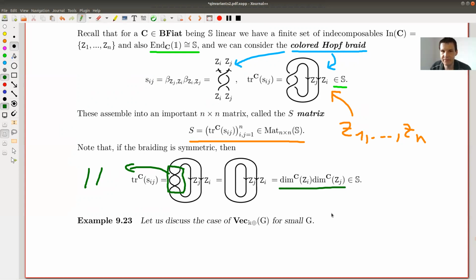This is the extreme case where the braiding is trivial, and this should be a measurement of how far those two cases are apart. So in general, you would expect some nice matrix with some nice properties. I will tell you in a little bit what I mean by nice properties.